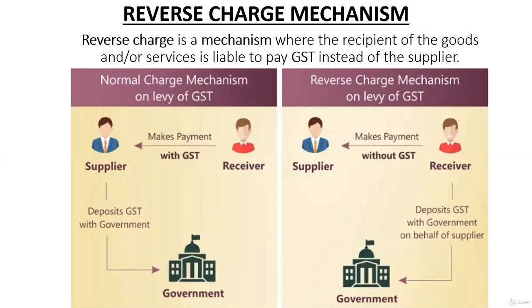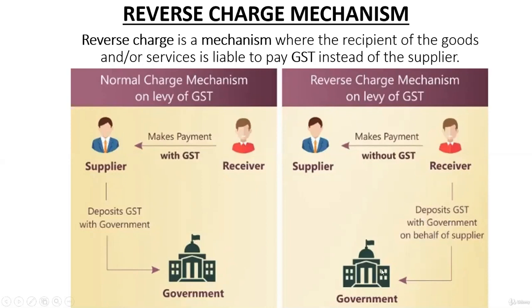But in the case of reverse charge mechanism, as you can understand from the word reverse, the supplier of the service or goods doesn't make the payment of tax to the government. Instead, the receiver of the goods or the consumer makes the payment of GST and deposits it with the government on behalf of the supplier.